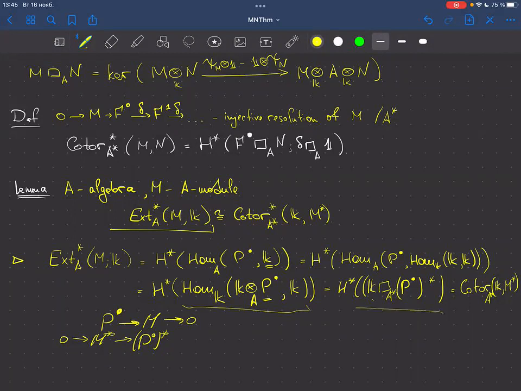And this is already Cotor by the very definition. Okay, so are there any questions at the moment?